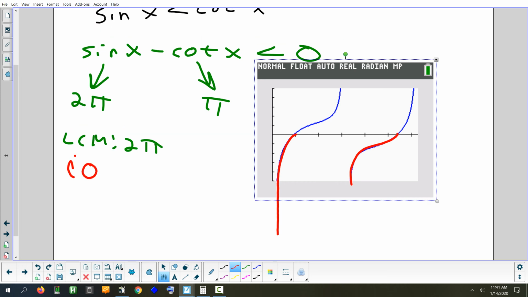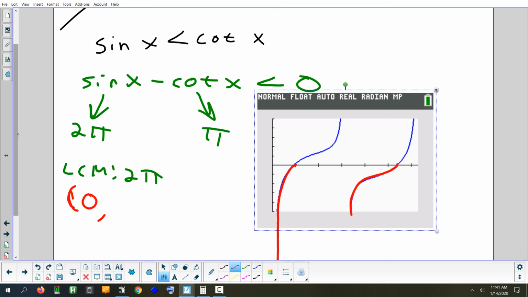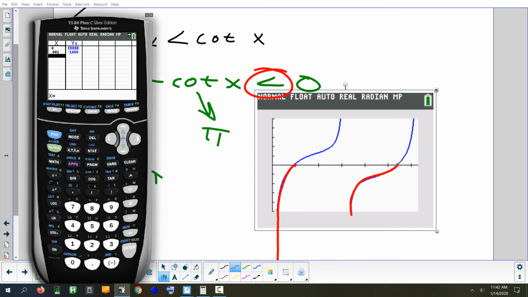So 0 up to. How do I get where this interval ends? Find the 0. Is it going to be a bracket or parenthesis? Parenthesis, because it's strictly less than. Okay. So let's do second calc 0.